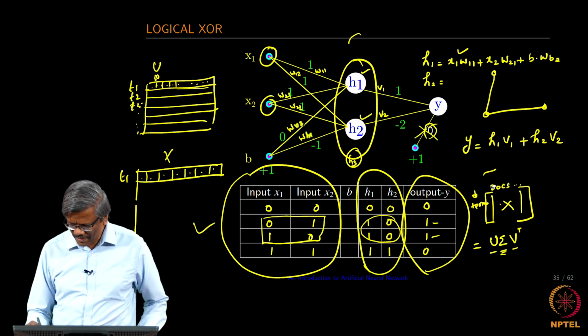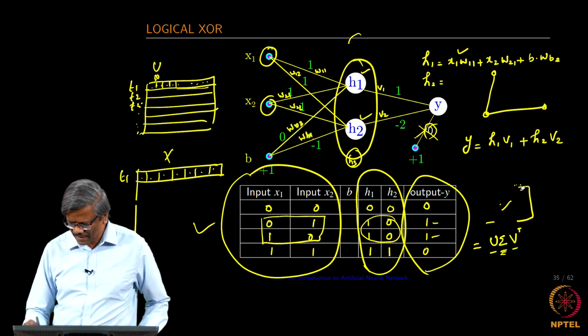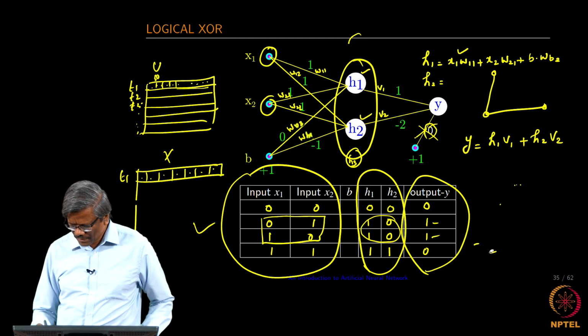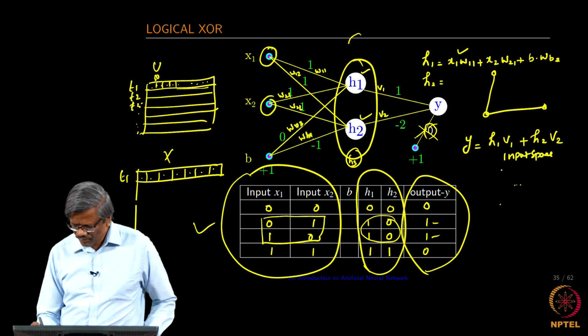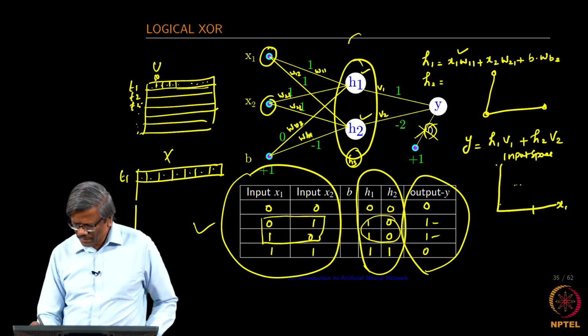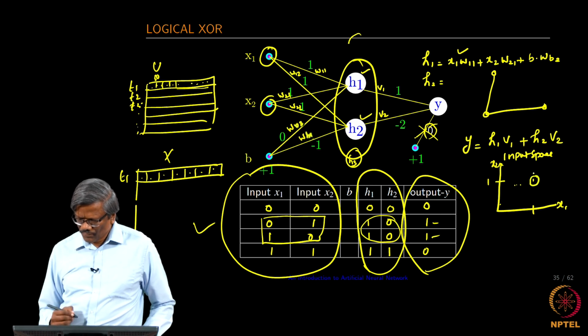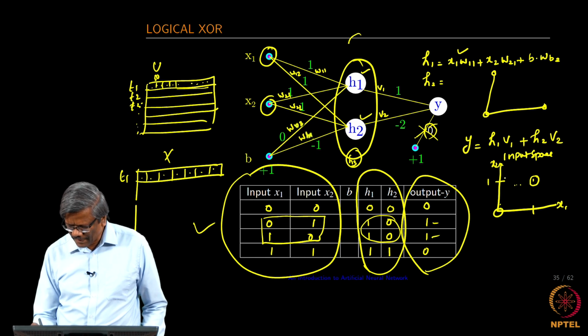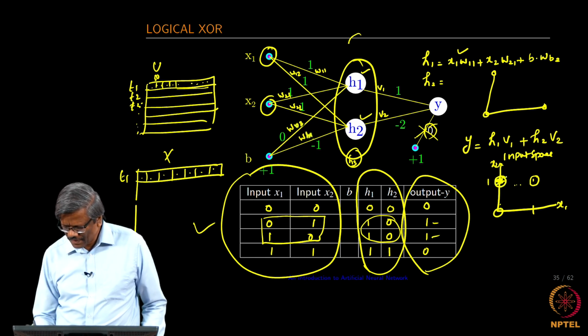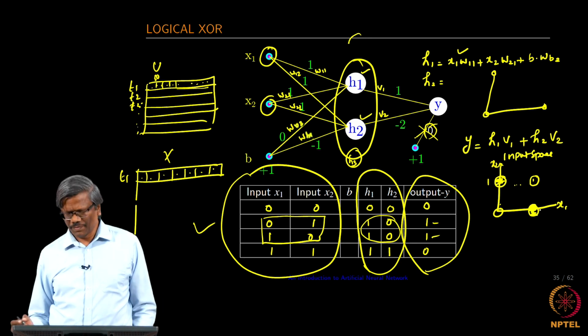So, there is an input space that you can talk about. Let me erase some of this to show you that part. So, our input space is x1, x2, we have 1 here, and then this is our 0 and we have 1, right. So, this is our input space.